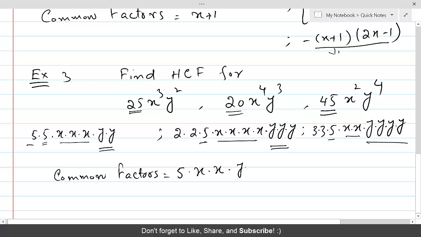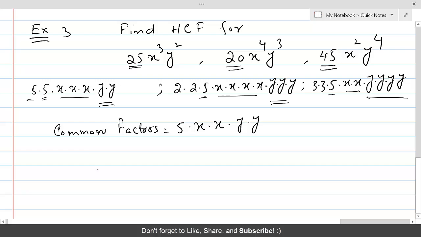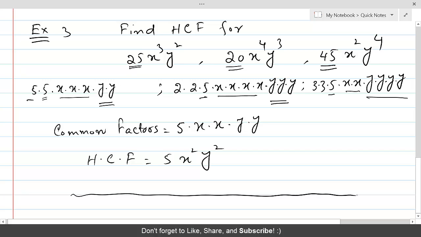So it can occur only 2 times. Now we are going to take the product of all the common factors. So H.C.F. is the product of all the common factors, which will be 5x squared y squared. This is how we calculate H.C.F. by using the factorization method.